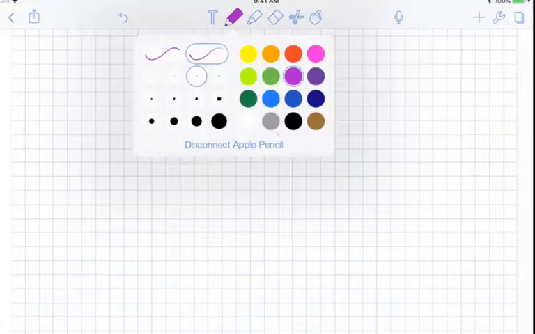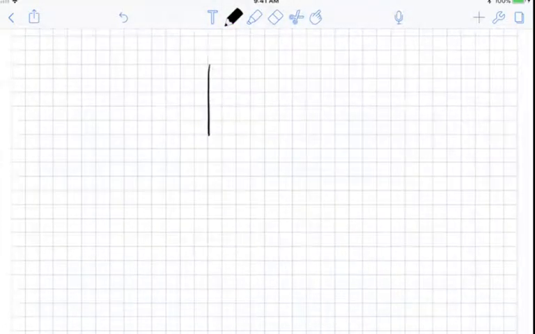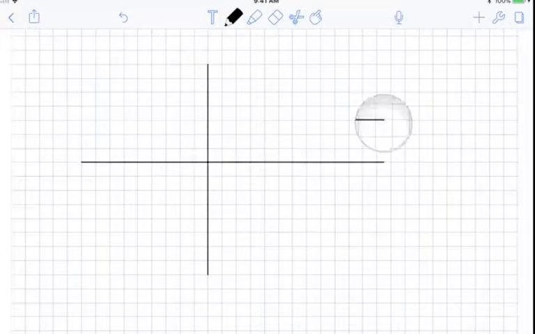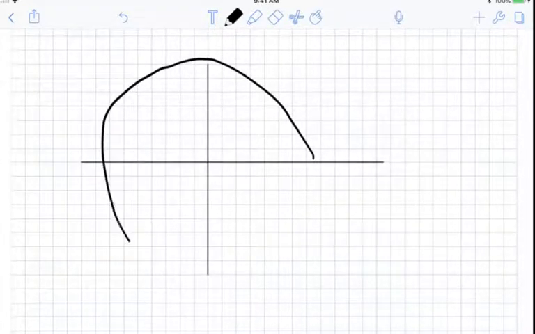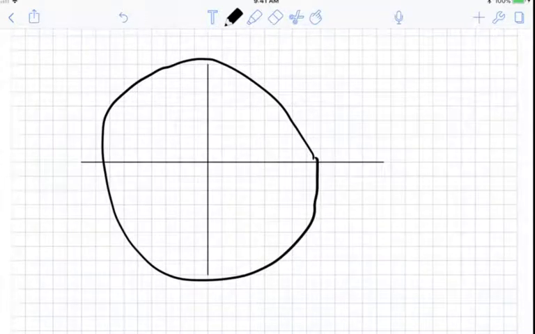Radian measure is a lot more elegant. If we imagine our unit circle, so if we imagine some big circle here.